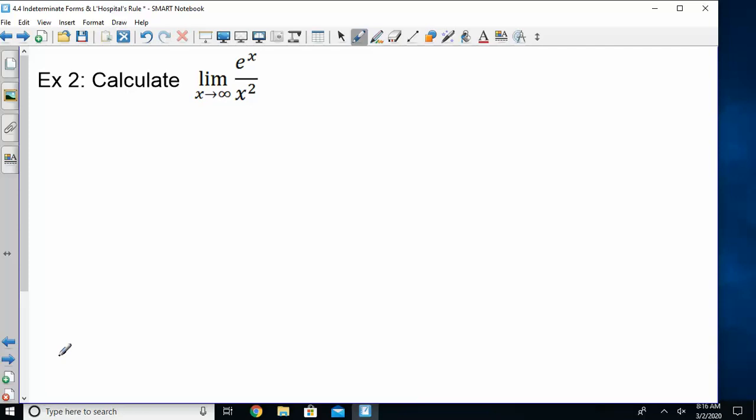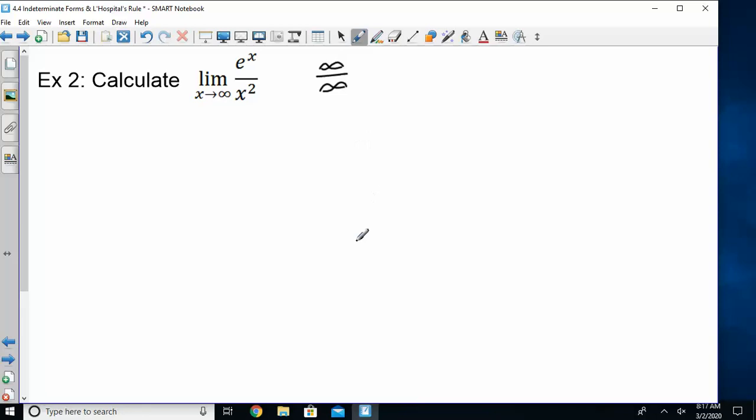Okay, so we're just going to look at some more limits. The limit as x approaches infinity of e to the x over x squared. So if we just plugged in e to the infinity power, what would that be going towards? Infinity. Infinity squared is going towards infinity.